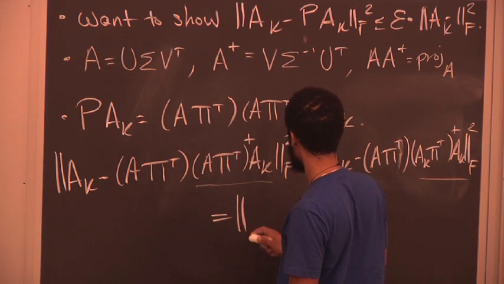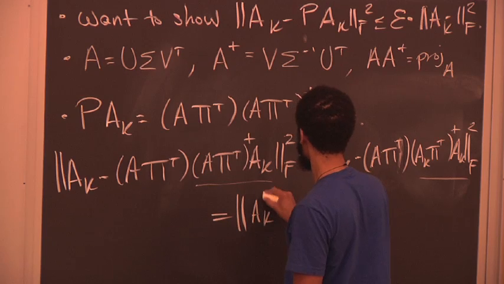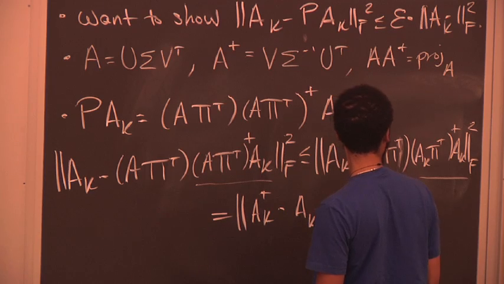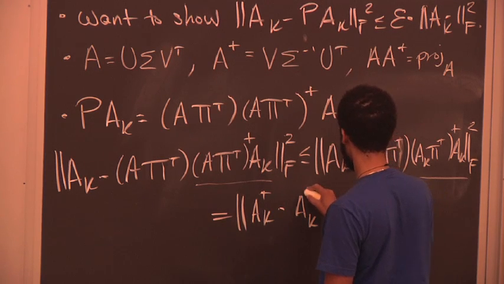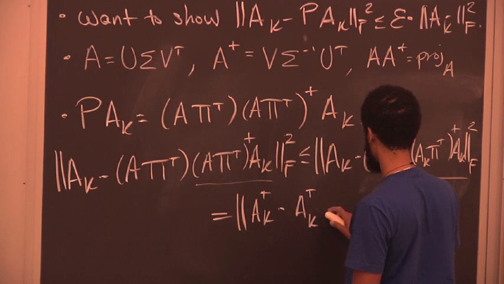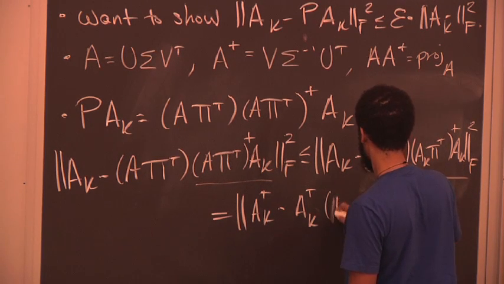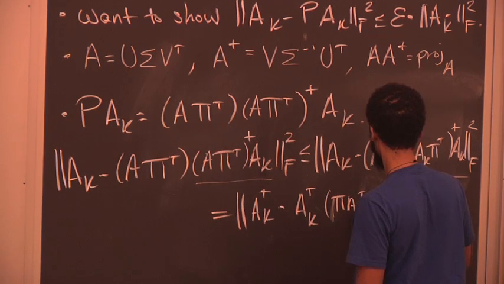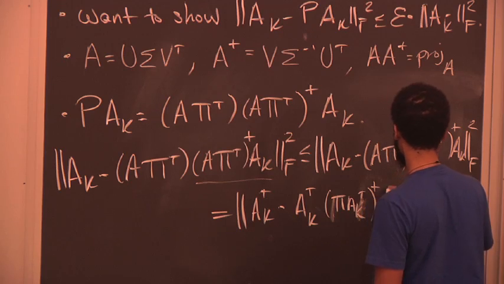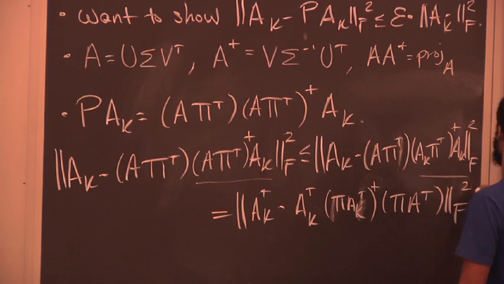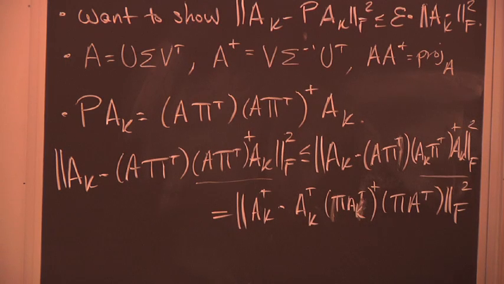This is equal to AK transpose minus AK transpose pi AK transpose pseudo inverse pi A transpose.